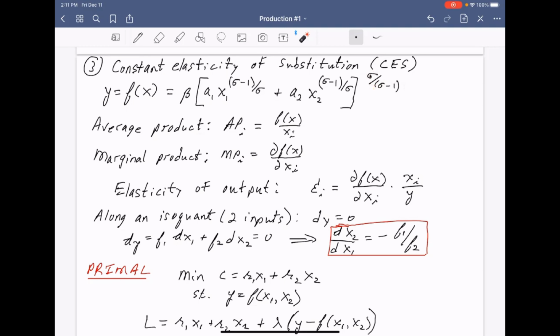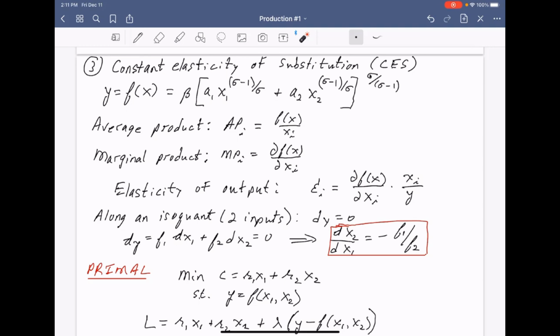The average product in this case is given by total output divided by xi, the average product of xi, that is, and the marginal product is the partial of output with respect to xi. The elasticity of output then is given by the partial of f of x, the output, with respect to xi times xi over y.